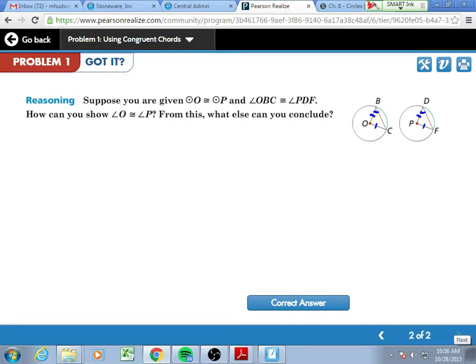So now this angle is going to be congruent to angle B, right? Because of the isosceles triangle, and because of that, the same holds over here for angle F. Then based off that, you can do either angle angle similarity, or angle angle side.